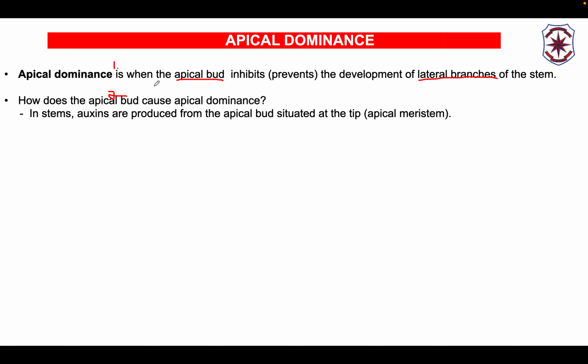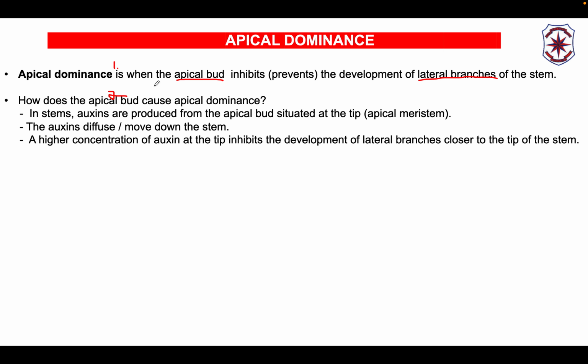In stems, auxins are produced from the apical bud situated at the tip, meaning at the apical meristem. The auxins diffuse or move down the stem. A higher concentration of auxins at the tip inhibits the development of lateral branches closer to the tip of the stem.